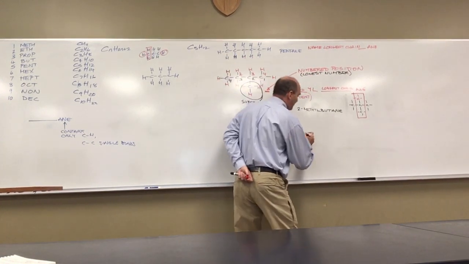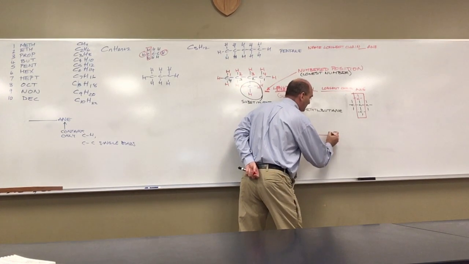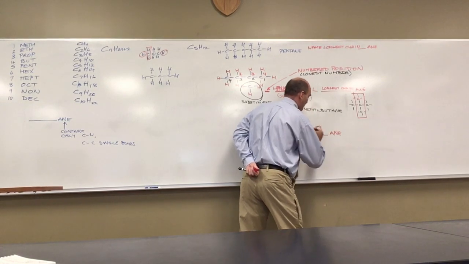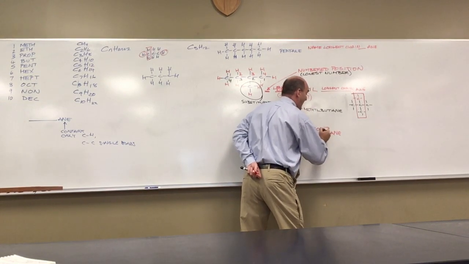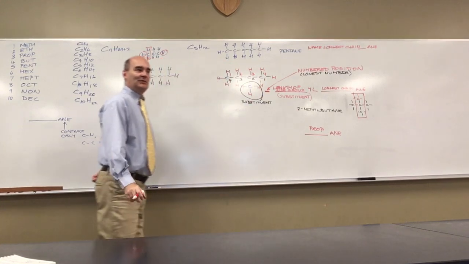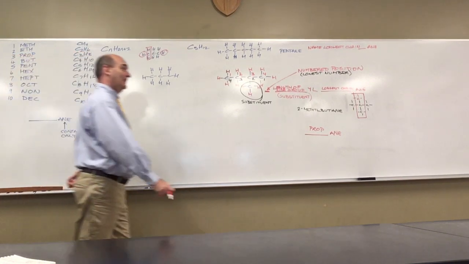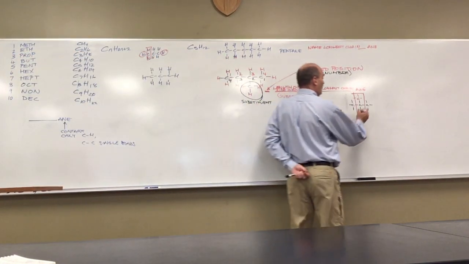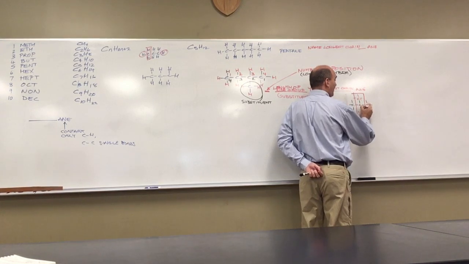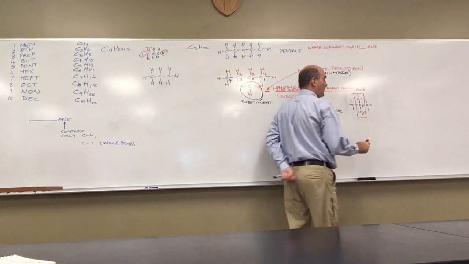Therefore, this is a propane of some description, and it has substituents, plural. It's got 2 of them. We'll make that carbon number 1, that carbon number 2, and then carbon number 3.